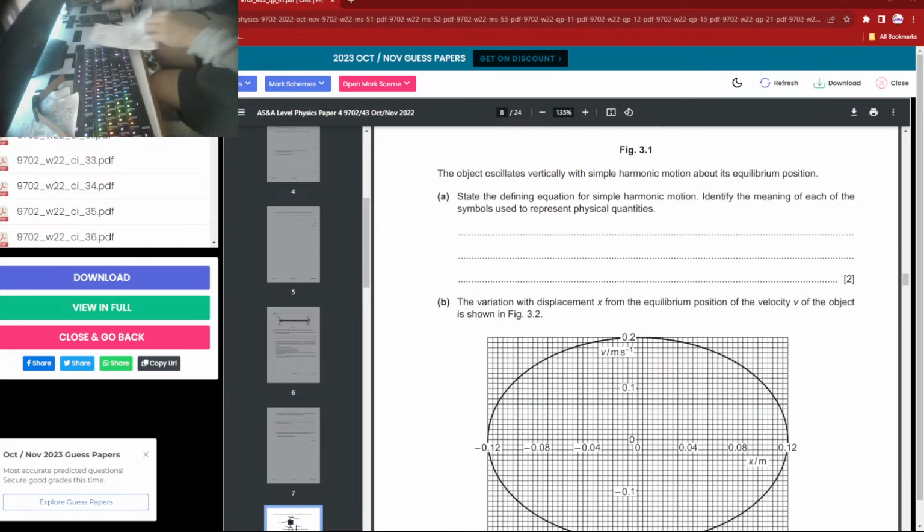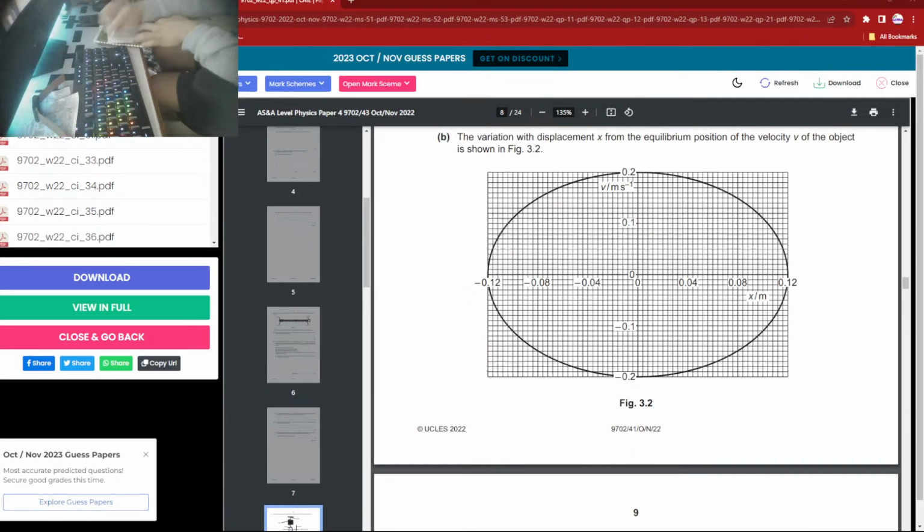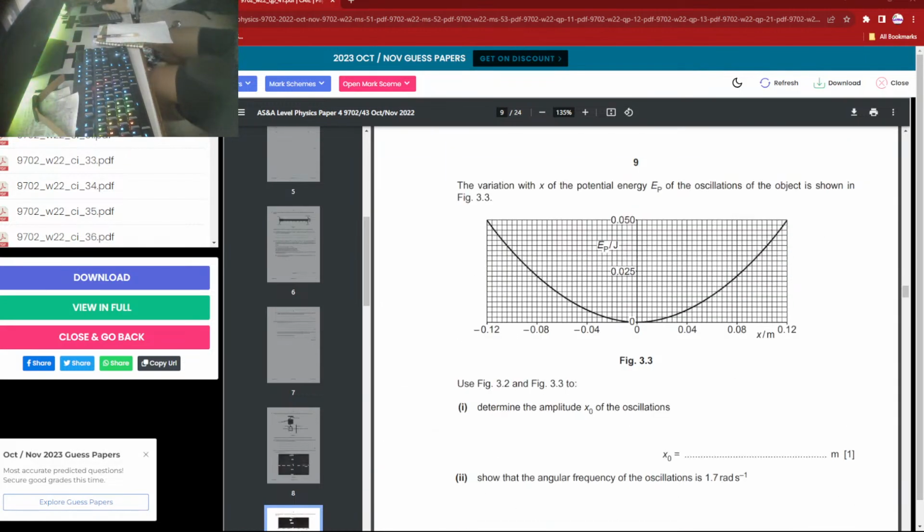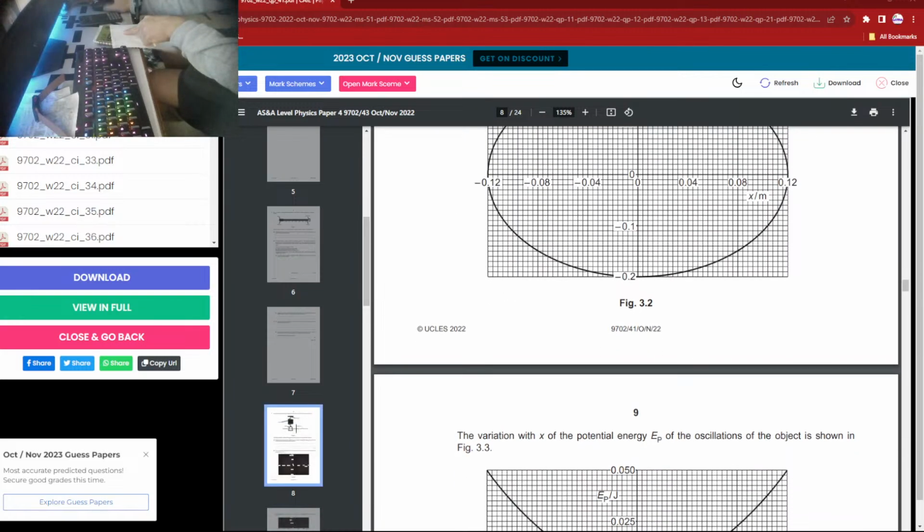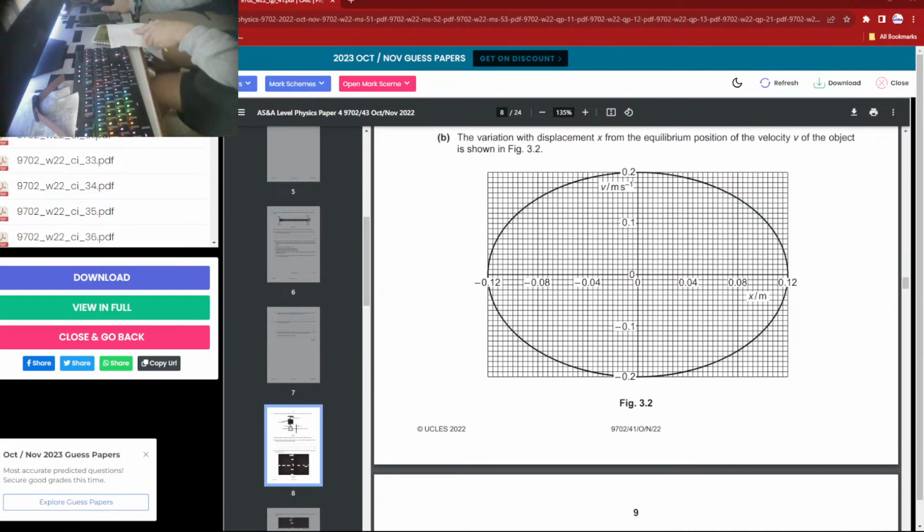Okay, B. For B, we'll look at the first question. Determine the amplitude x naught of oscillation. So x naught just means the maximum amplitude. As you can see here, the max potential energy is 0.05. So you will have max potential energy at the max displacement, so it should be 0.12. Or if you want to read this, you will get zero speed when you are at the max height.